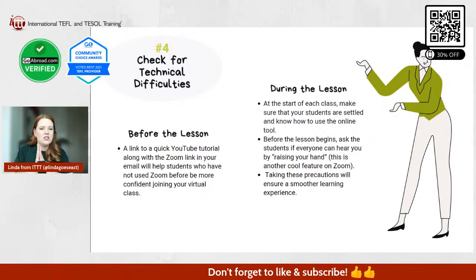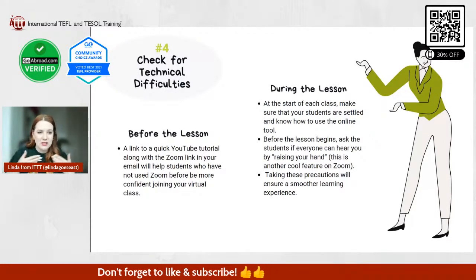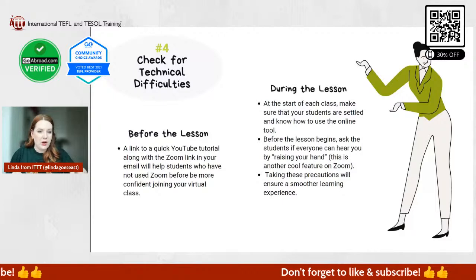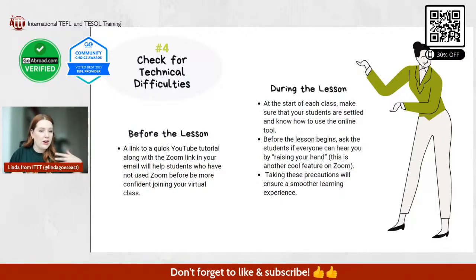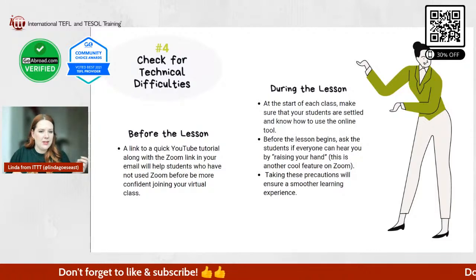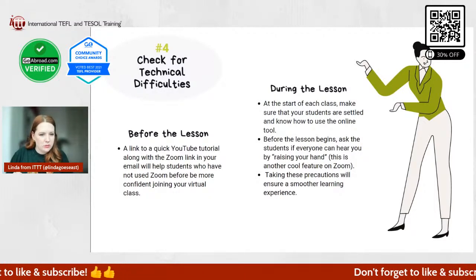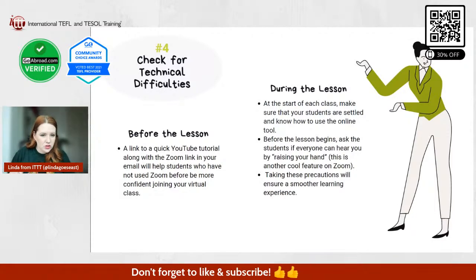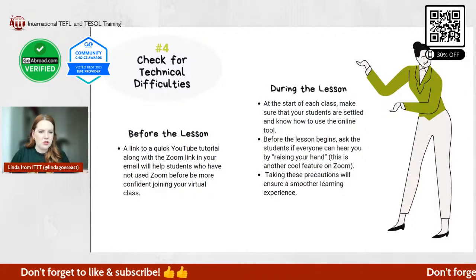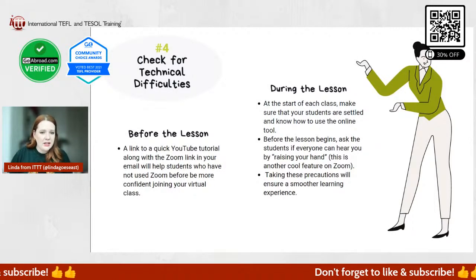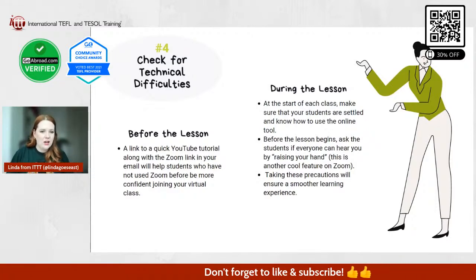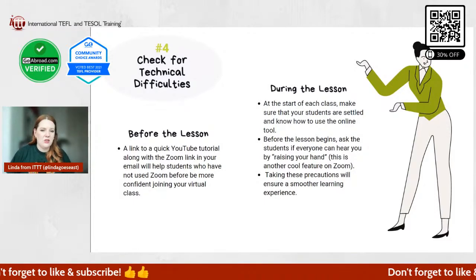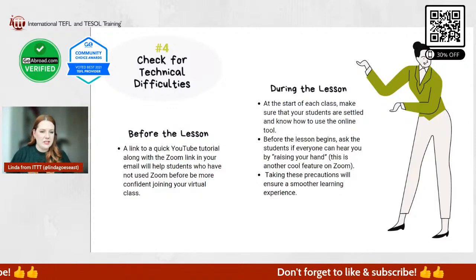Before the lesson, to minimize technical difficulties, it is recommended that when you're inviting your students to have a class with you via Zoom or any other platform for that matter, you add a link to a quick YouTube video for Zoom or whatever platform you're using, along with the Zoom link in your email. This will help your students who have not used Zoom before to be more confident in joining your virtual class, so that they know how it works and they don't have any difficulty joining, right? That would be a great idea to do.